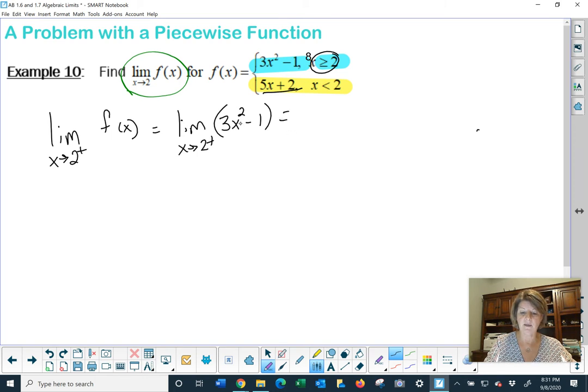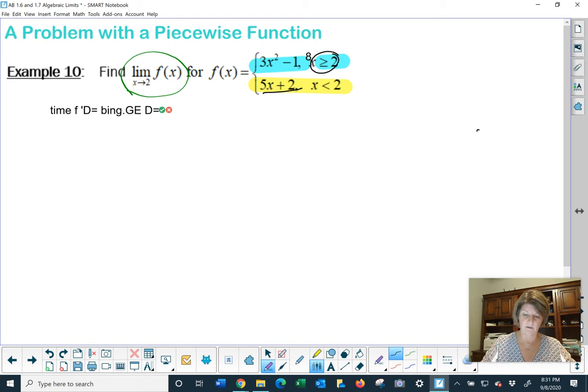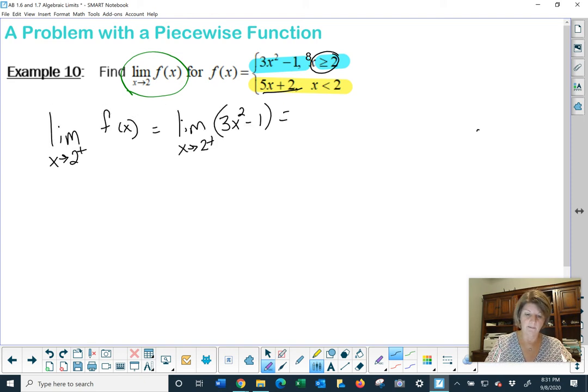So that's going to give me 12 minus 1 or 11. Oh, you know what? I know what's going on. I'm using the text tool, and that is not what we want to use. All right, so we plug this in, and I plugged in 2. I get 4. 4 times 3 is 12. 12 minus 1 gives me 11.